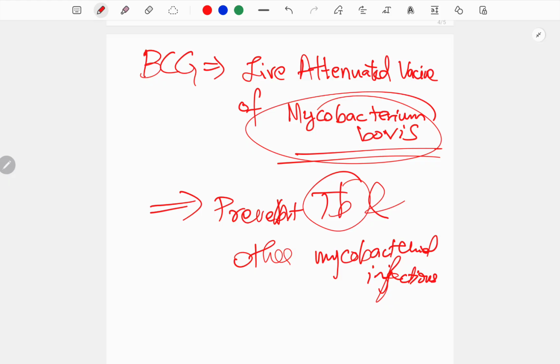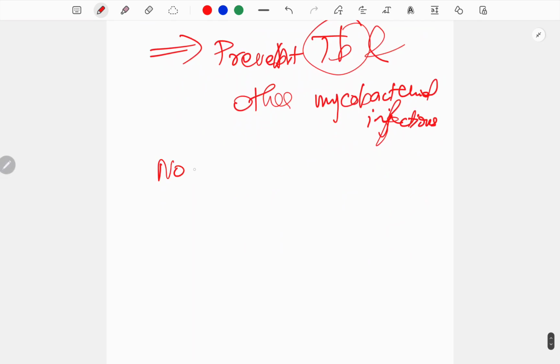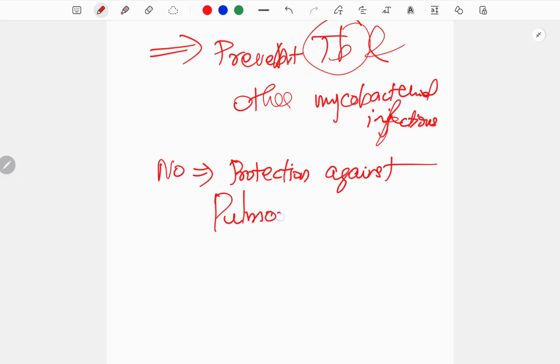caused by Mycobacterium bovis. So it has no protection mechanism against the pulmonary TB.